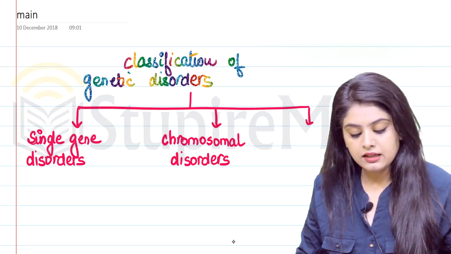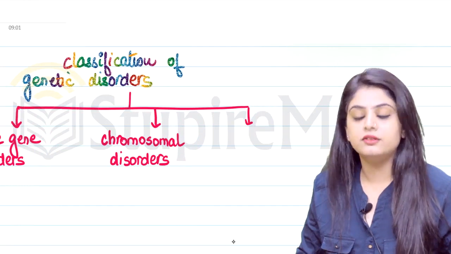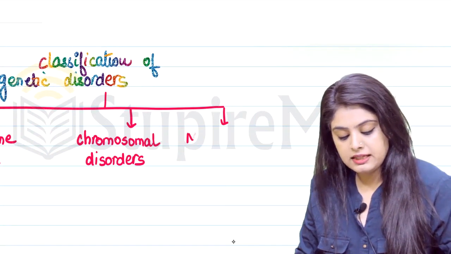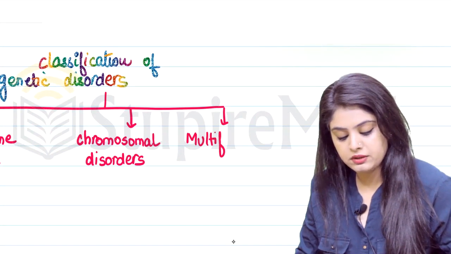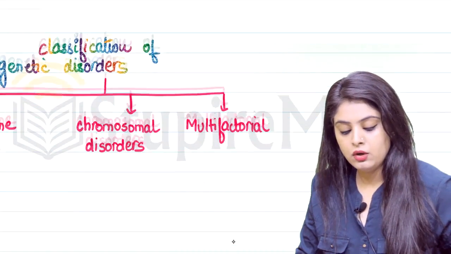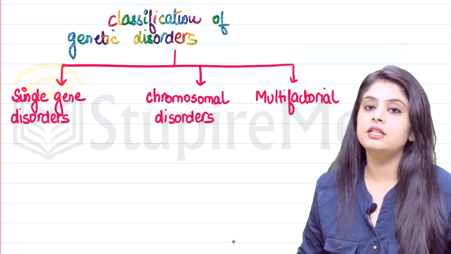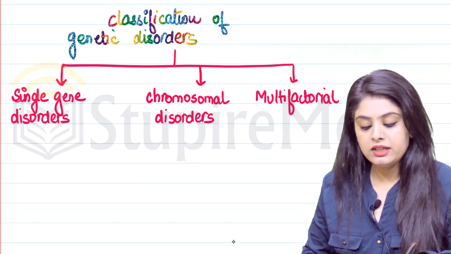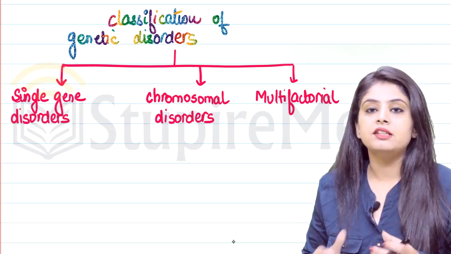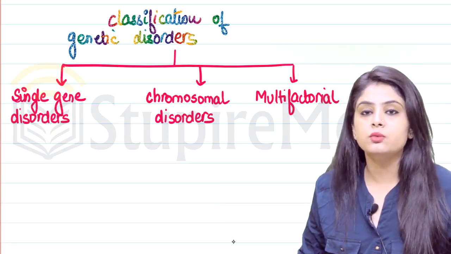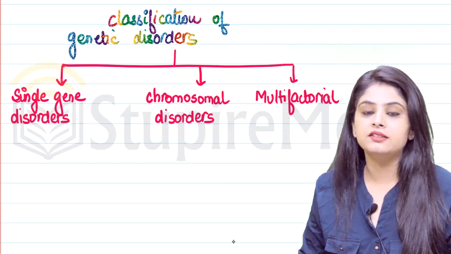And the third and the last category that we have is known as multifactorial. So broadly, we can classify genetic disorders into these three categories. Now let's deal with each one of them and see what further categorizations do we have in these broad categories.